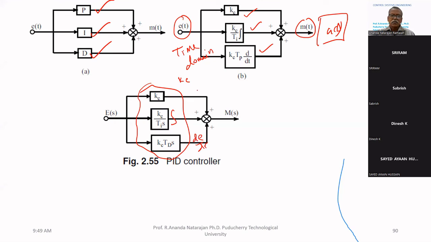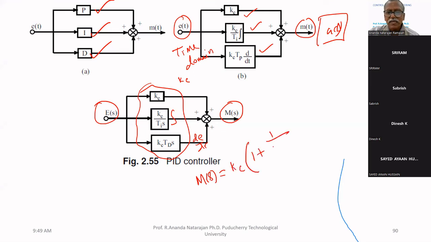So this is in the S domain, E of S and M of S. M of S equals Kc multiplied by 1 plus 1 by TiS plus Td S, multiplied by E of S. This is the expression in the Laplace domain.